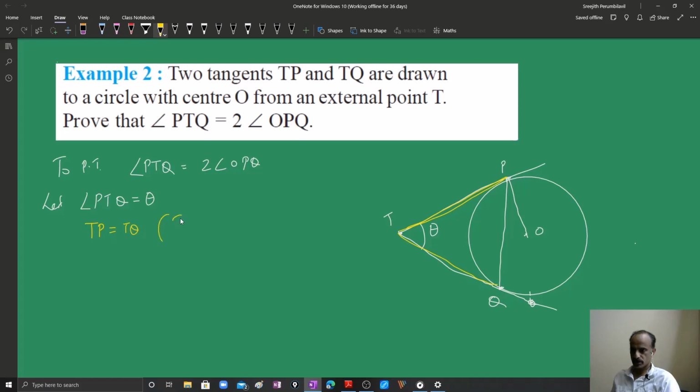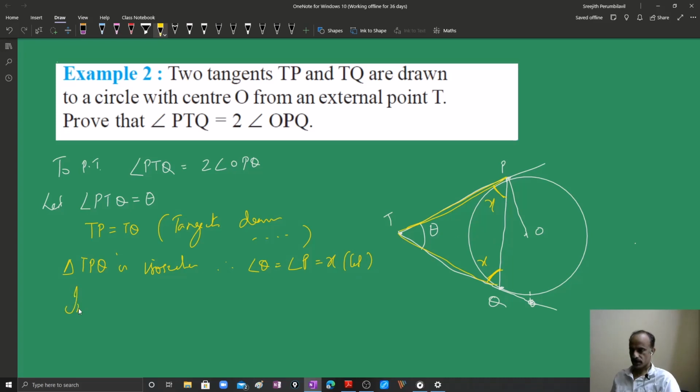Why? Tangents drawn from an external point. You write that, tangents drawn from an external point. Therefore, triangle TPQ is an isosceles triangle. Therefore, angle Q is equal to angle P. Not the complete angle, I mean these two angles are equal. Let us take it as x. So this is x and this is x.